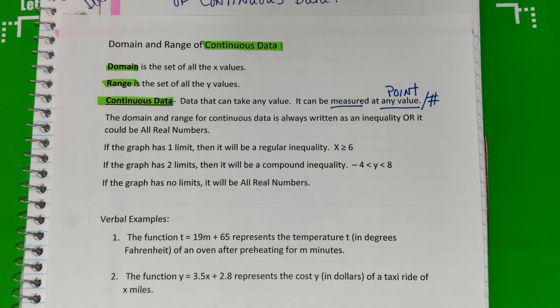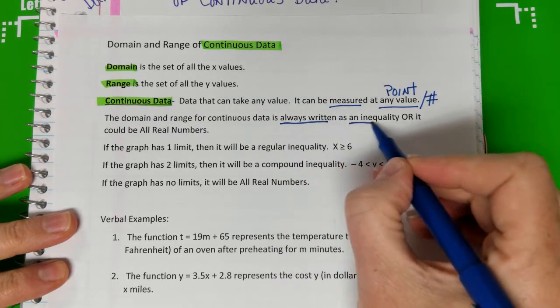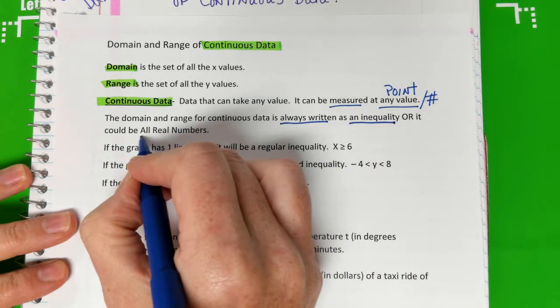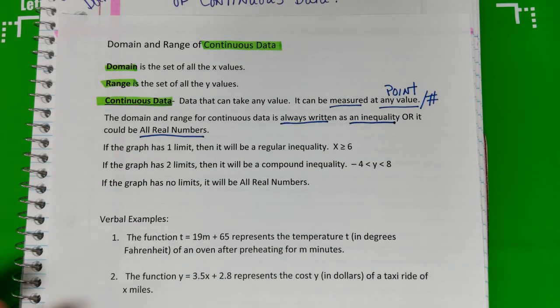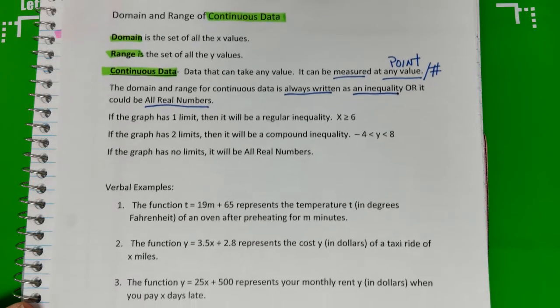Now, here's some important things to know about the domain and range for continuous data. It is always written as an inequality, or sometimes it could be all real numbers. But if the data is continuous, you automatically need to be thinking inequality, sometimes all real numbers.